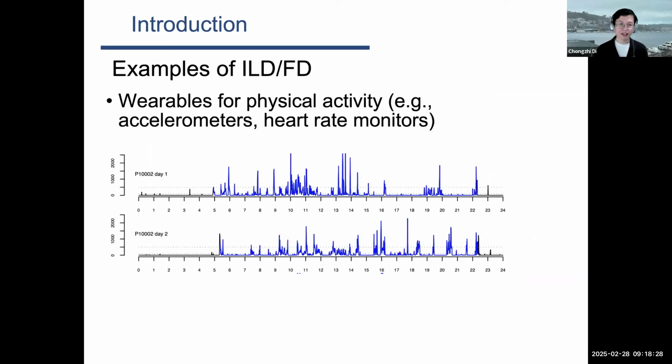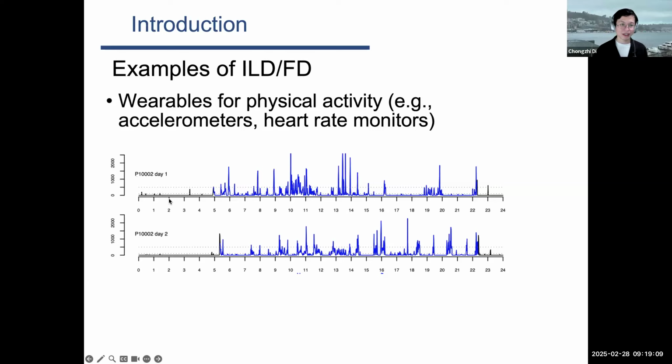The third example is from wearable devices or wearable sensors in behavioral interventions or observational studies, such as physical activity. I was involved in many studies that use wearable accelerometers or heart rate monitors to understand people's physical activity patterns. Those devices typically give us higher resolution, higher dimensional measurements. In this figure, I'm showing accelerometer data for one participant for 2 days.